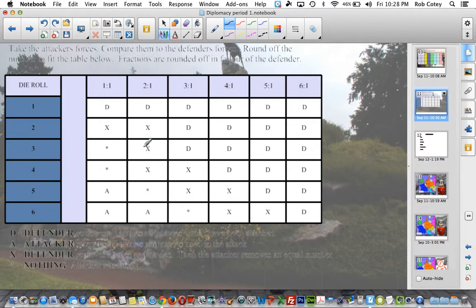In the event of a 2, 3, or 4, they move equal numbers. In the event of a 5, the attacker retreats, and in the event of a 6, the attacker is destroyed. So our students know going in that in a 2-to-1 ratio, the attacker wants 1 through 4. The defender wants 5 or 6.